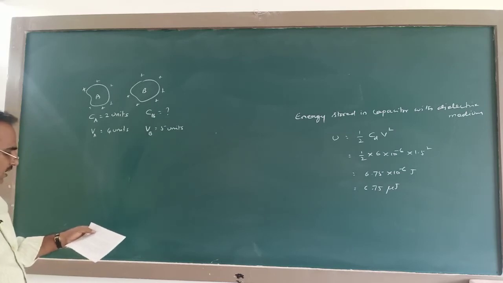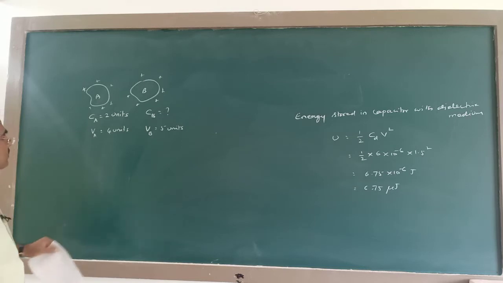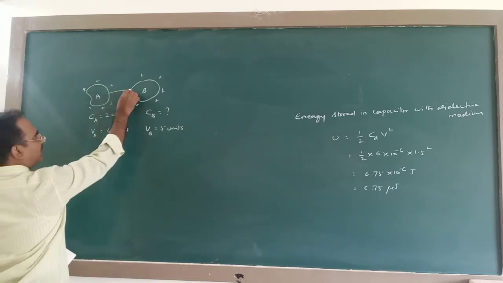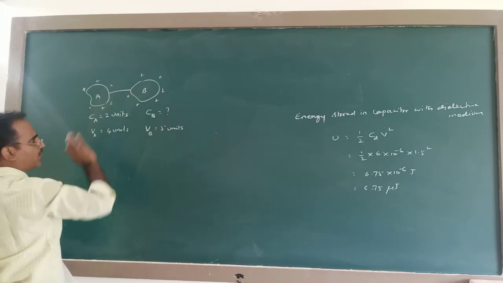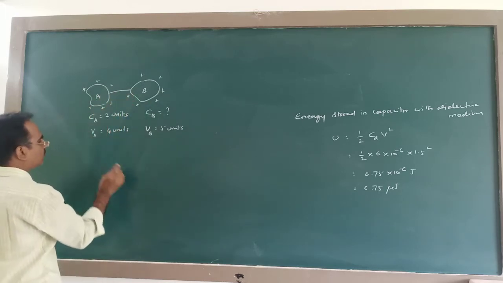The two conductors are now connected by a wire. The common potential is found to be 4.6 units. See, when they are connected like this, charge flows from one to another till the potential of both becomes the same.